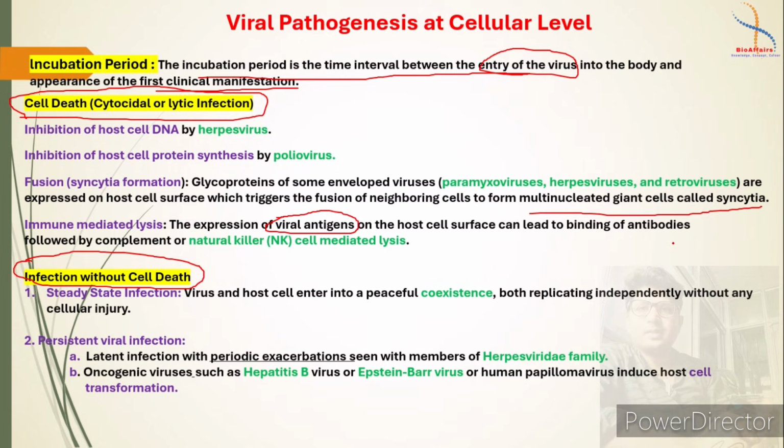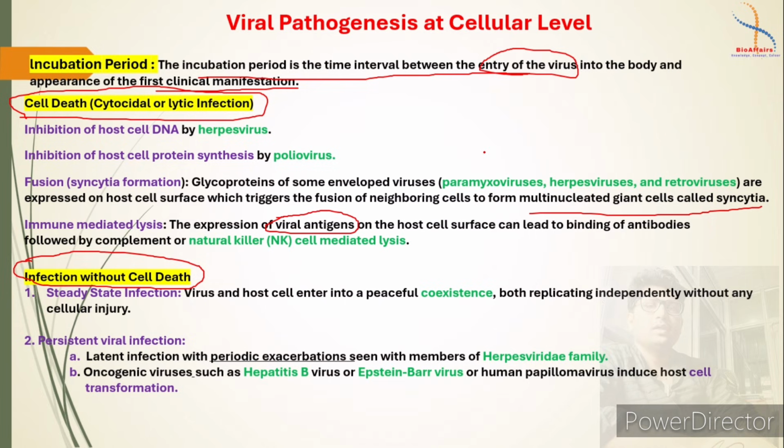With the help of non-specific immunity and the complement system, the natural killer cells will lyse the cell. So natural killer cell mediated lysis of the infected cell happens for a few viruses. The most prominent examples are herpes virus, poliovirus, paramyxovirus and retroviruses.